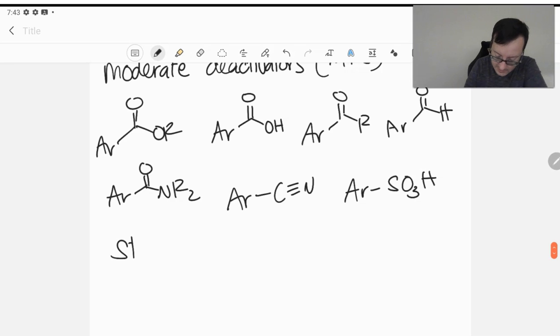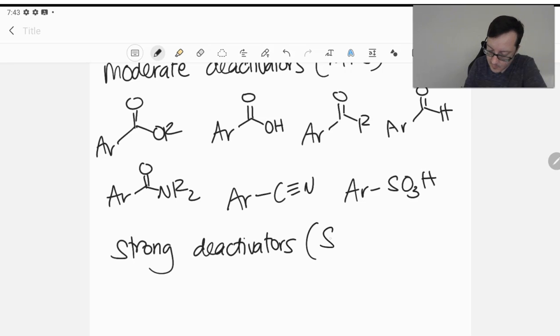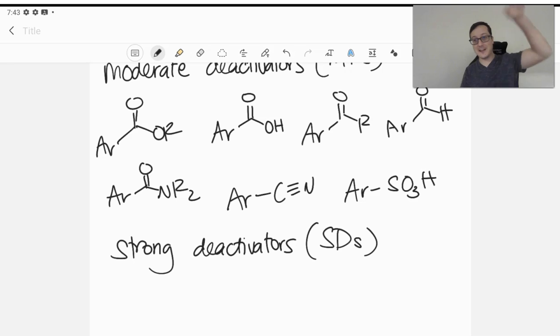Let's look at our strong deactivators. And those will be our SDs. So we have SAs, strong activators, moderate activators, weak activators, weak deactivators, moderate deactivators, strong deactivators. So in that order, most activating to least activating. Least activating meaning the most deactivating will be our strong deactivators.